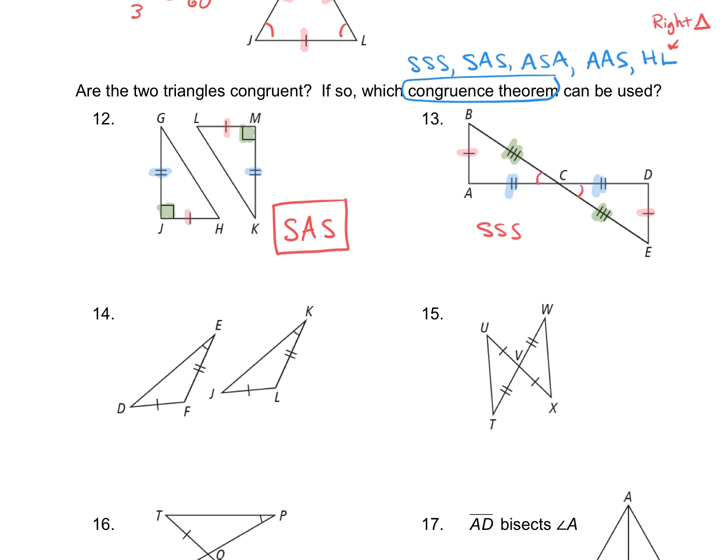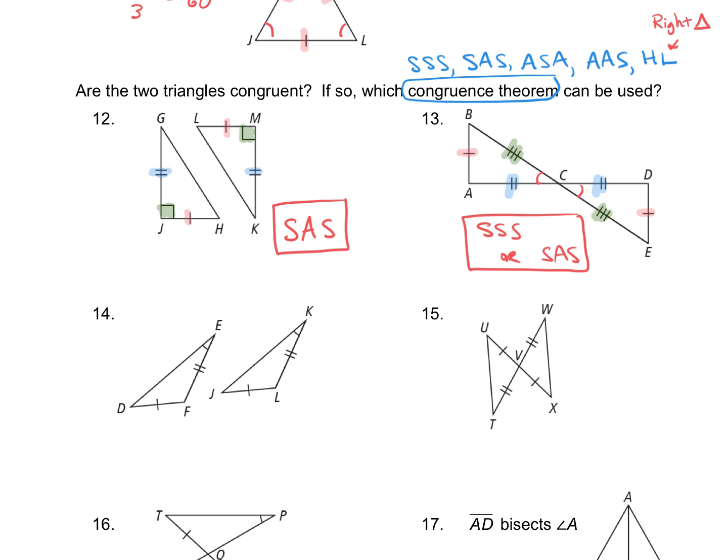So when we have vertical angles, now what we can use is we have 2 sides, and where our sides meet, this angle is congruent to these 2 sides, and that angle, that is side, angle, side, 2 sides and the included angle. So both of these, I'm going to say or, these are both perfectly acceptable answers.